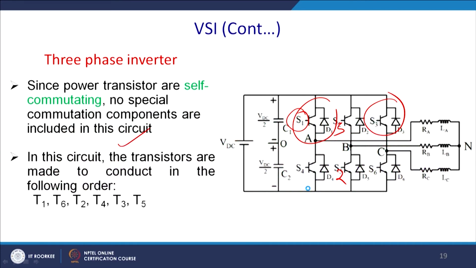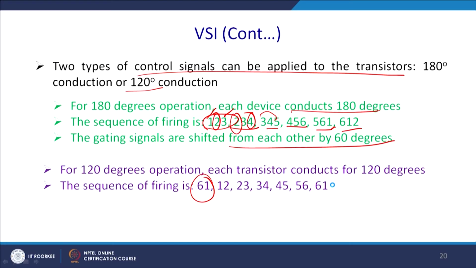So, first 6, 1, thereafter 1, 2, thereafter 2, 3 and so on, consecutively it will carry on. At a time, 1 thyristor or switch from the upper leg and another from the lower leg will conduct. So, let us see the different modes of conduction, starting with the 180 degree mode of conduction.